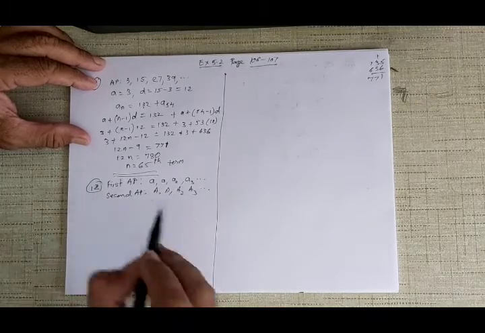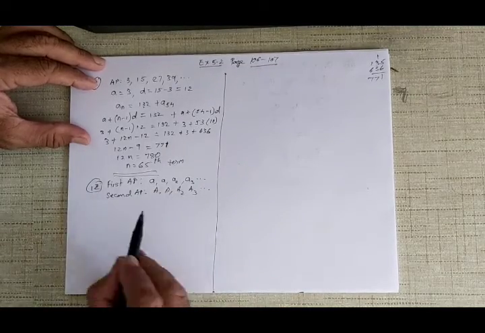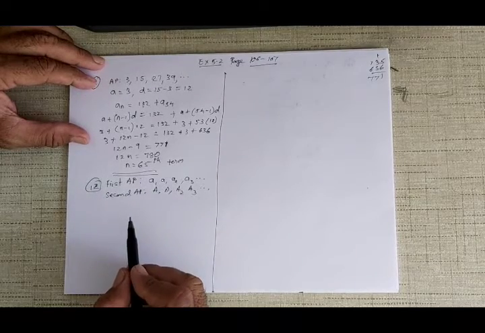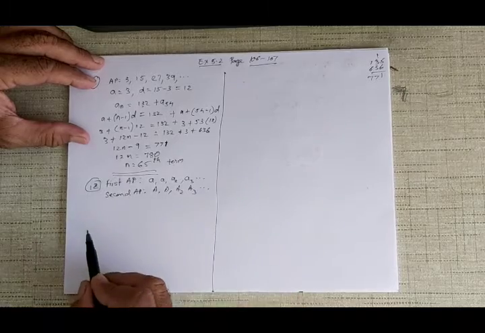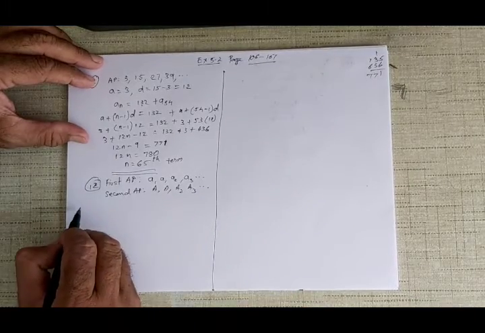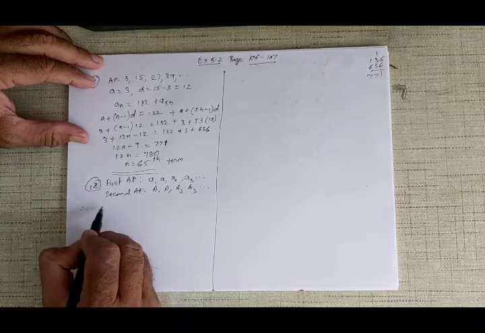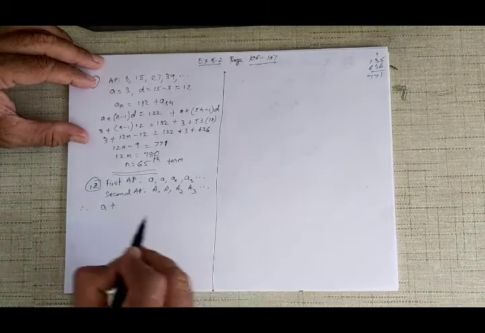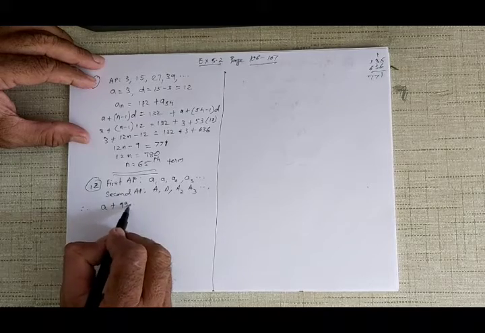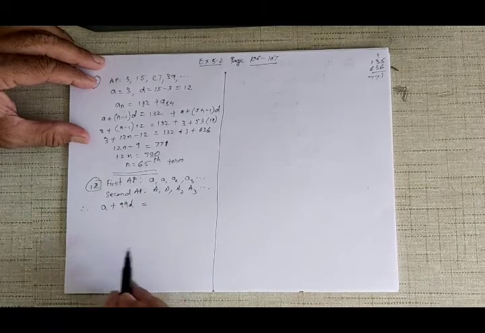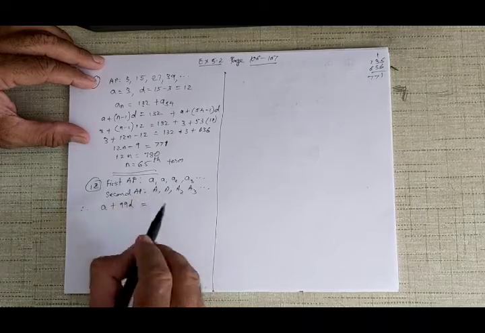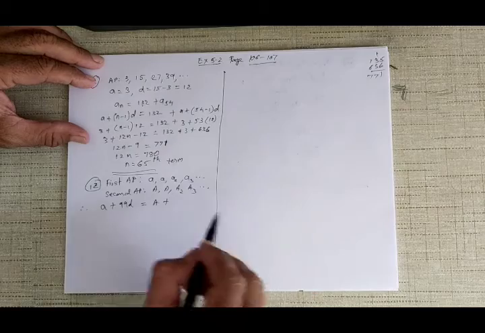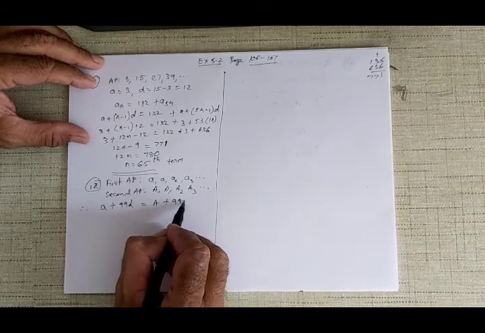The common difference D is the same for both, and the first term of the first AP is a, of the second AP capital A. Now the difference between their 100th terms. The 100th term of the first AP would be a plus (100 minus 1), that is 99D, and the 100th term of the second AP is capital A plus 99D.